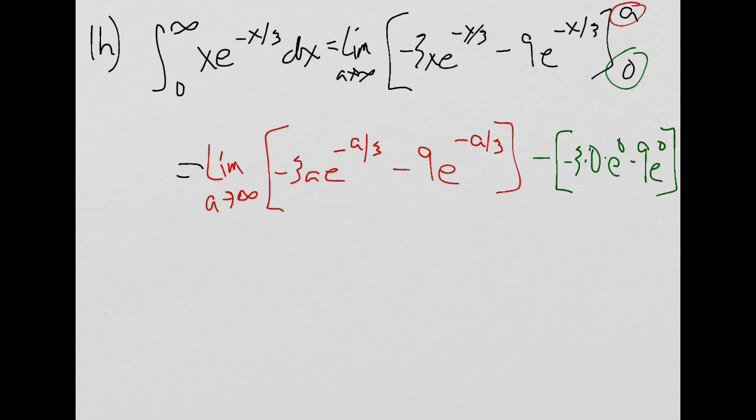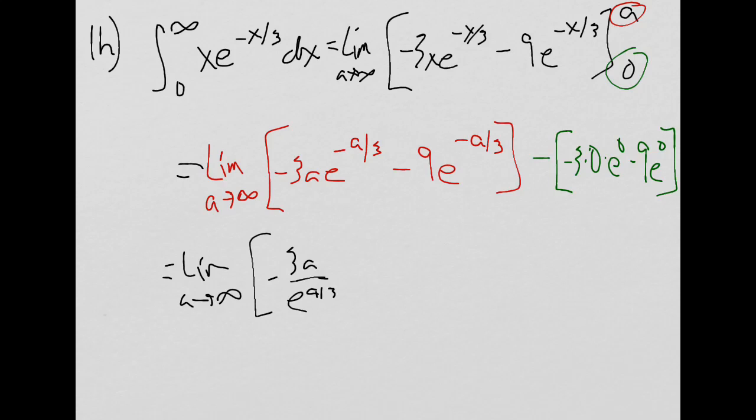So that's just plugging in 0 to all of those. And I'm going to rewrite the red line. I'm going to get equals limit as a approaches infinity of open bracket minus 3a over e to the a over 3, and I think there might be an error potentially in the study guide solutions at this point.